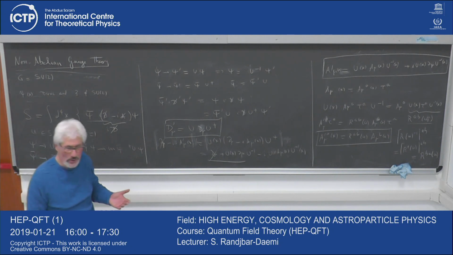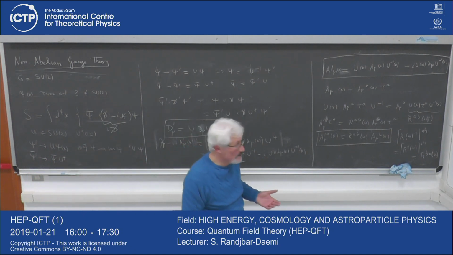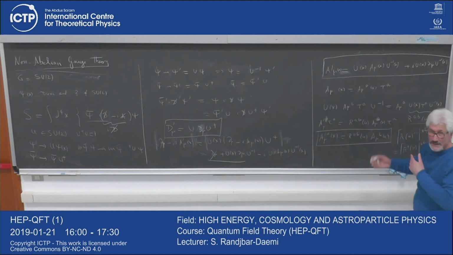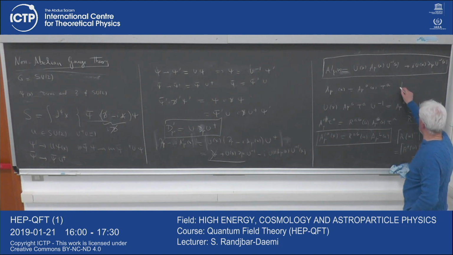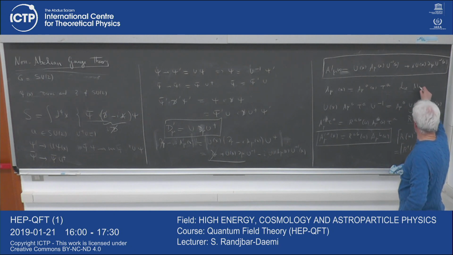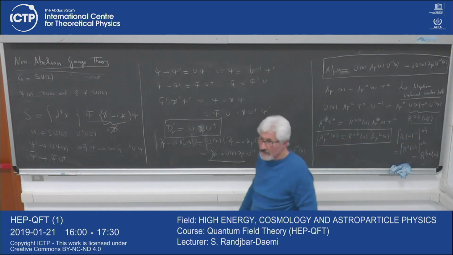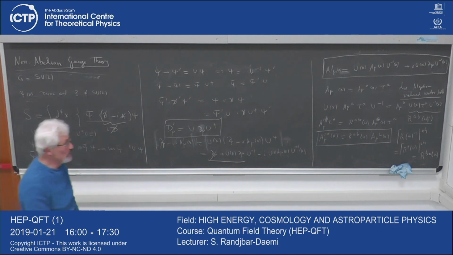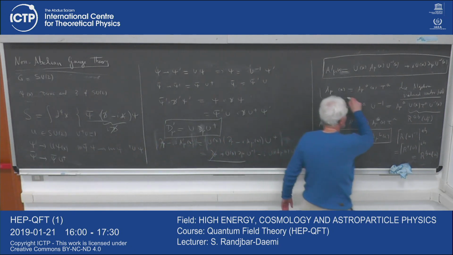The Lie algebra of SU2 is spanned by Pauli matrices, and this A mu takes its values in the Lie algebra of SU2. So we call it a Lie algebra valued vector field. You know what's Lie algebra, right? I think in Narayan's course we have learned about Lie algebra. So it takes its values in the Lie algebra of SU2. Okay?